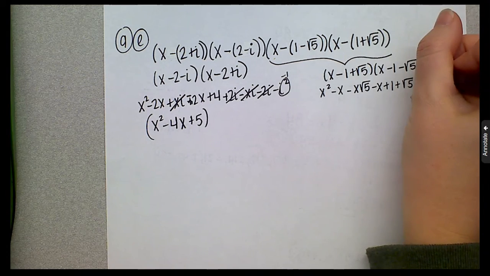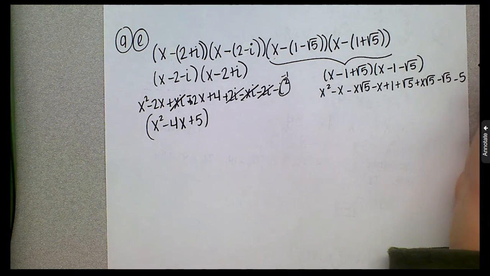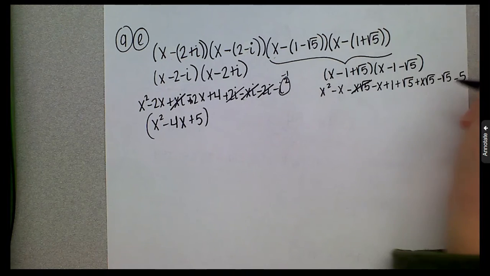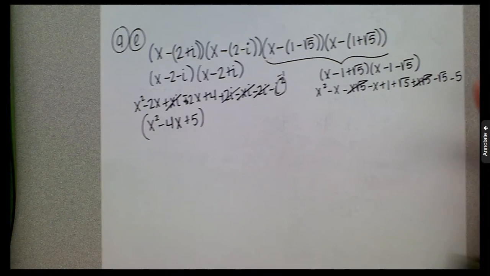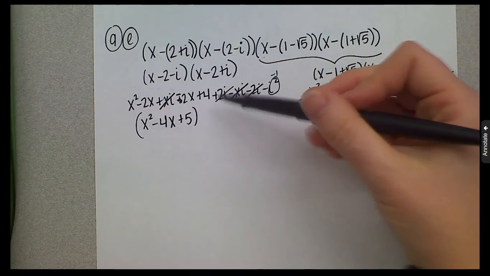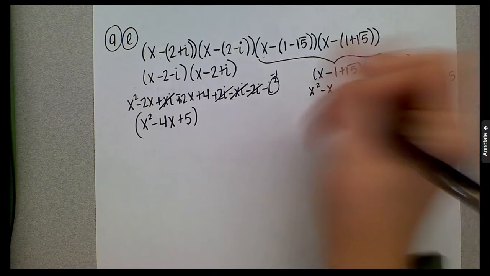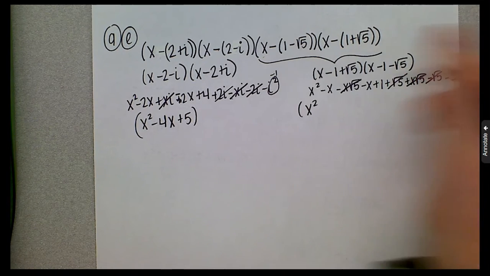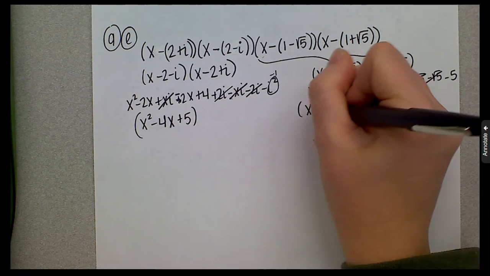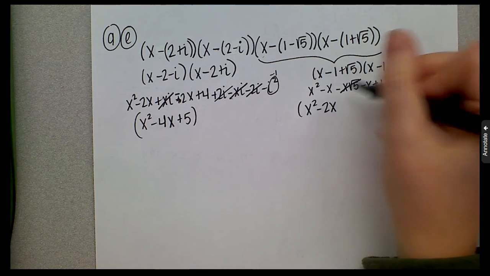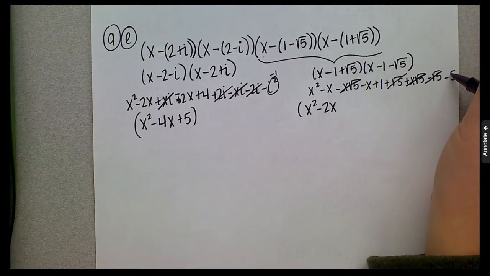And root 5 times root 5 is just 5, so minus 5. This cancels with that. That's always what's going to happen: your radical should cancel, same as over here where I knew my i's had to cancel. And then the plus root 5 minus root 5. So we end up with x squared minus 2x, and 1 minus 5 is minus 4.